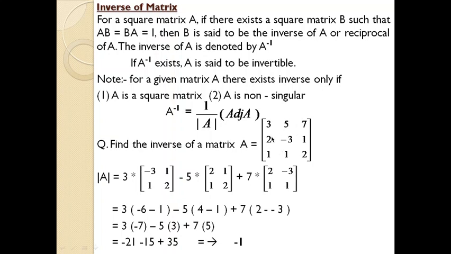And remember, when you select one element, the minor will be another value, and never multiply the selected element with that minor. And regarding the cofactor, once you have found the minor, you need to multiply that minor by minus 1 raised to i plus j. I am just explaining the concept for the time being.